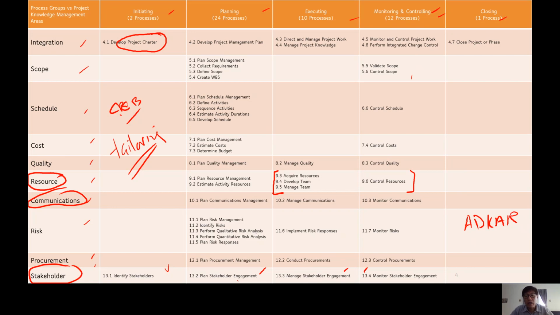In ADKAR, A stands for creating awareness about this project, what value it brings to them, so that they get excited about how they would gain from it. If they don't see what they can gain from it, they won't move a muscle.